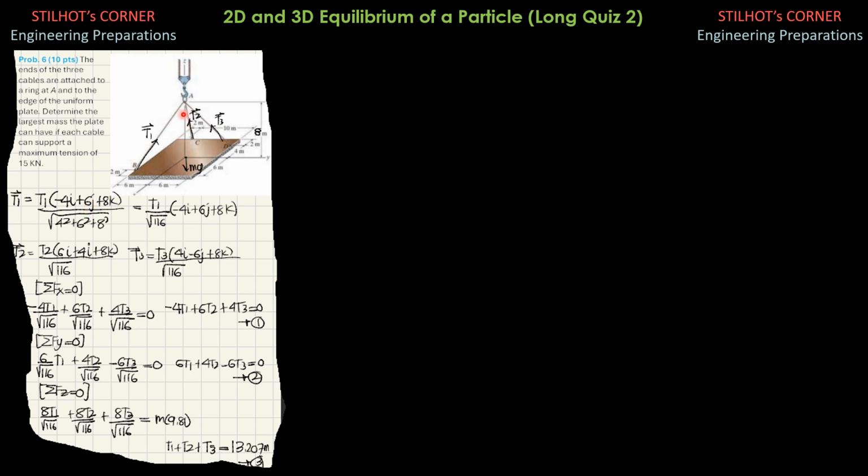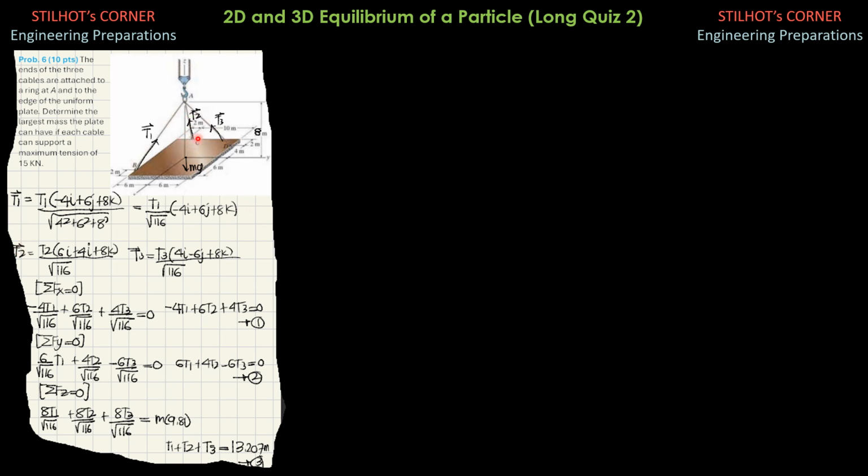Then 8 meters upward, positive 8k, divided by the magnitude or length of BA, square root of 4 squared plus 6 squared plus 8 squared, which is square root of 116. So vector T1 is the magnitude of T1 over square root of 116, quantity negative 4i plus 6j plus 8k. That is in newtons also.